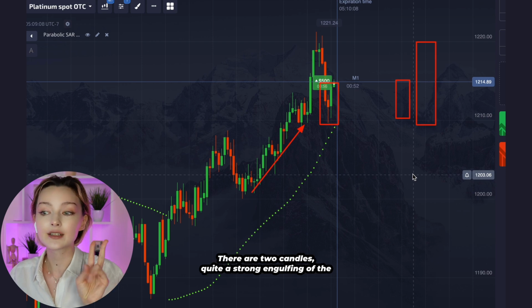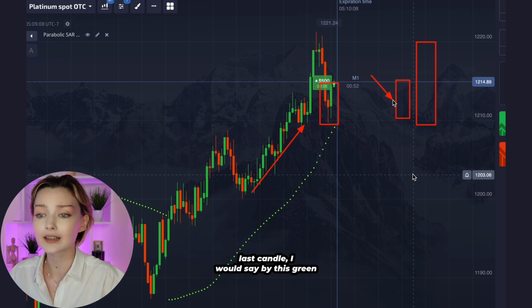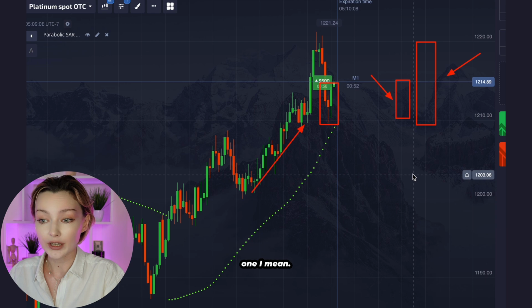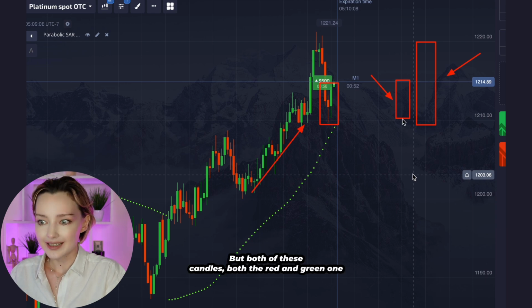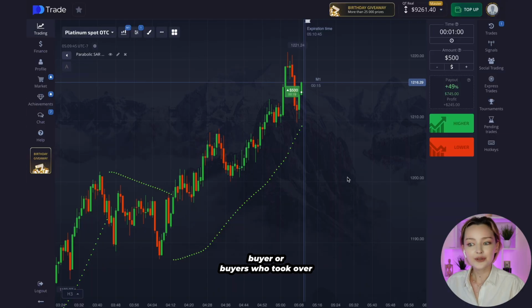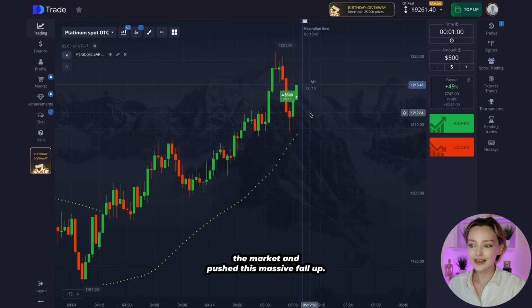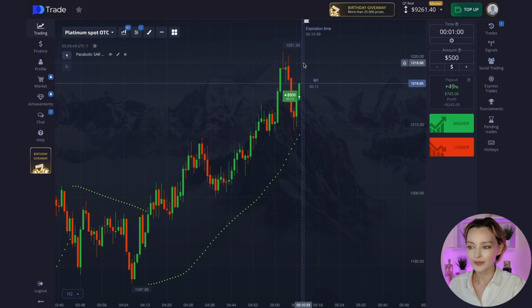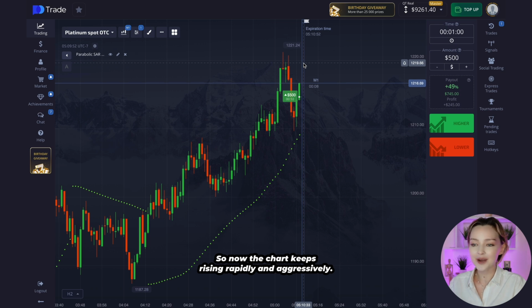There are two candles, quite a strong engulfing of the last candle, I would say, by this green one, but both of these candles, the red and the green one, have downward shadows of quite a decent size that probably indicate there is a powerful buyer or buyers who took over the market and pushed this massive fall up. So now the chart keeps rising rapidly and aggressively.